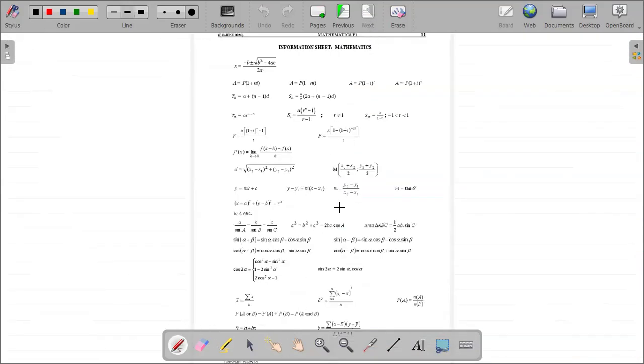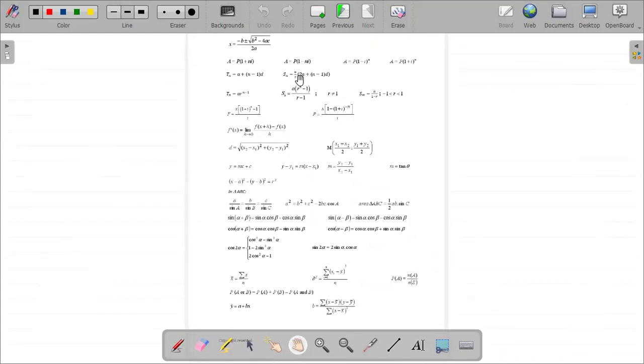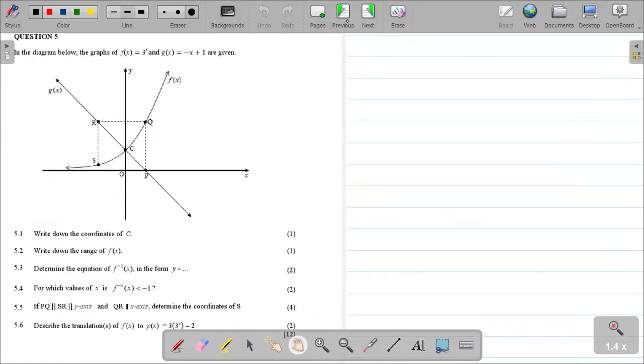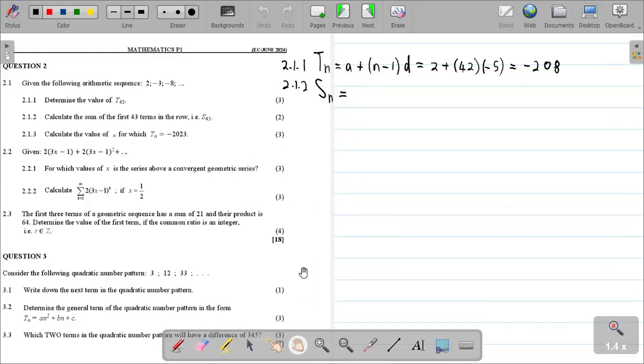Sn equals to, yes, it's n over 2, then 2a plus, okay, n over 2, then 2a plus n minus 1.